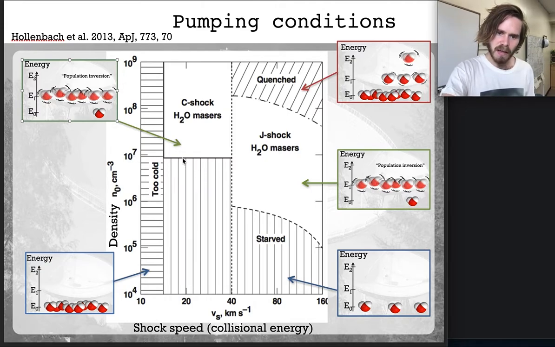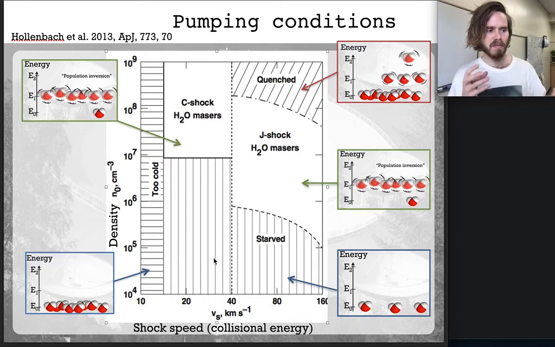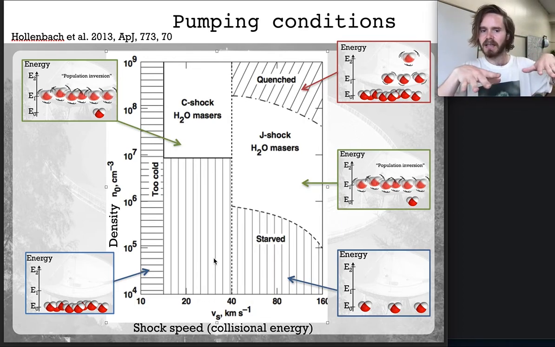Below about 10 to the 7 molecules per centimeter cube, there's no masers down here. This is because the density of molecules is too low, so they're not bumping into each other quickly enough to pass this energy from molecule to molecule to produce the population inversion. So you need to have at least 10 to the 7 molecules per centimeter cube.